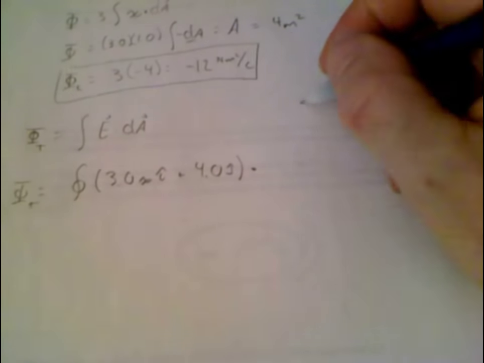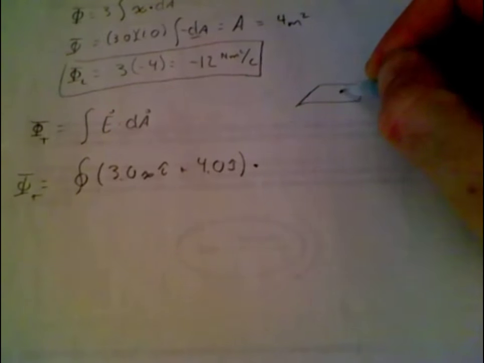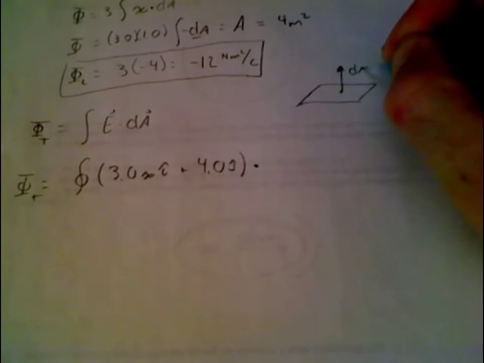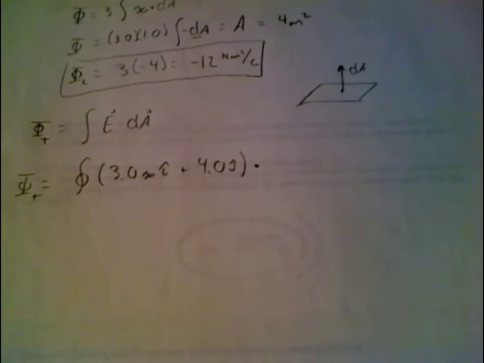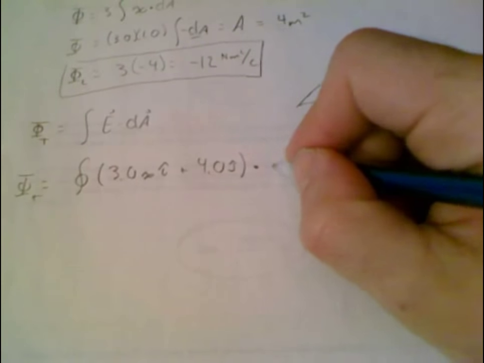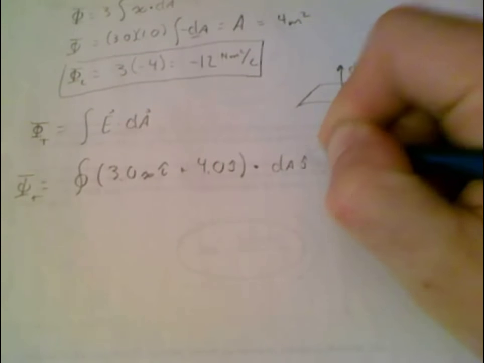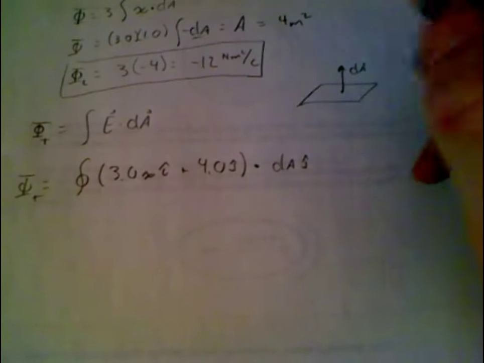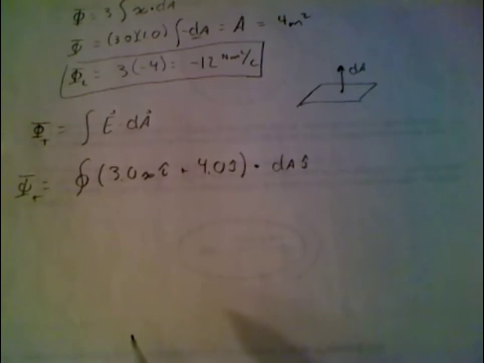Now the top face is easy to draw. My dA is going in the positive j-hat direction, so that's dot dA j-hat. And again, we're going to distribute and do these individually.